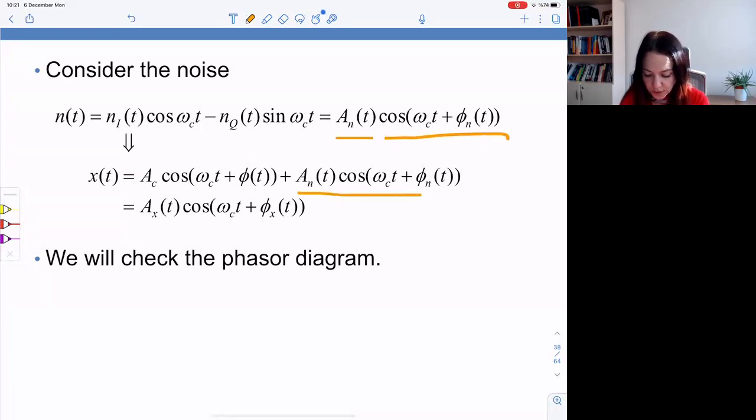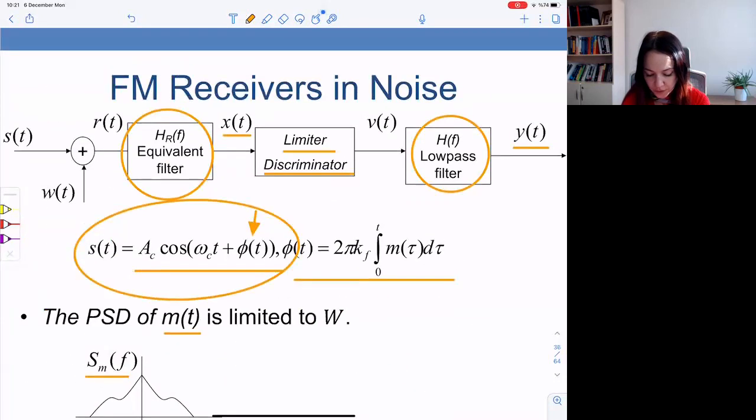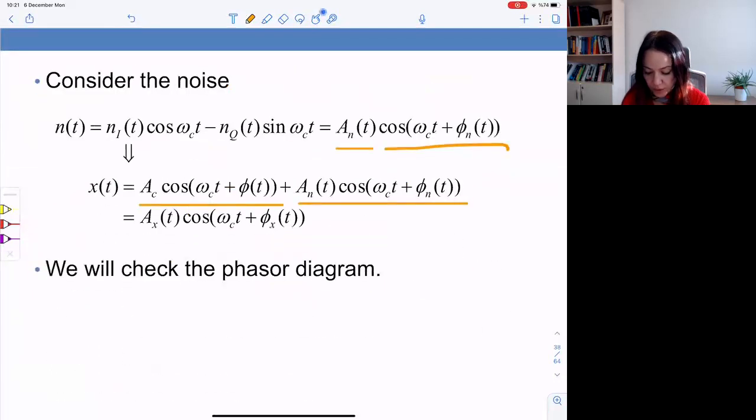This noise has been added to our incoming signal before the limiter discriminator, because before the limiter discriminator we have the same RF front-end structure as in amplitude modulation types. So some bandpass noise has been added on top of the bandpass signal. And we can use a phasor diagram to compute the net effect, I mean, how to combine the amplitudes and the phases. The phasor diagram is going to make this easier.